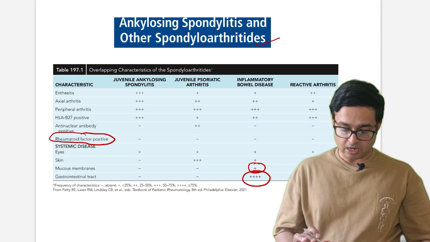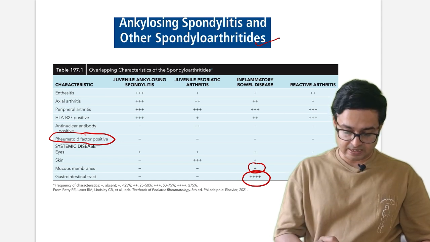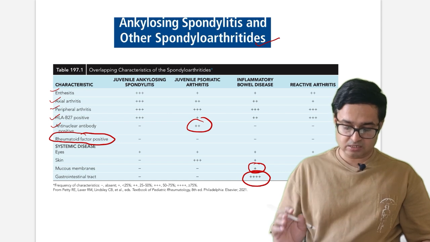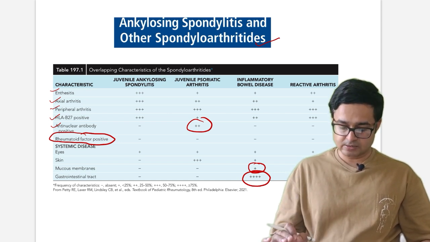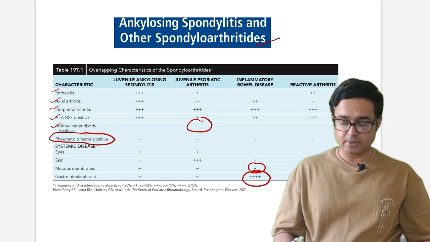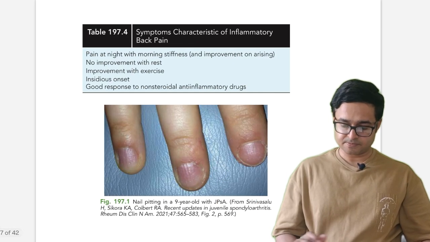Other conditions are plus minus. Some, like enthesitis, will be present in all; axial arthritis, peripheral arthritis, HLA-B27 positive, and ANA positivity is seen in juvenile psoriatic arthritis. So ANA is positive in which condition? Juvenile psoriatic arthritis. And skin, mucous membrane and GI involvement is seen in inflammatory bowel disease and reactive arthritis.